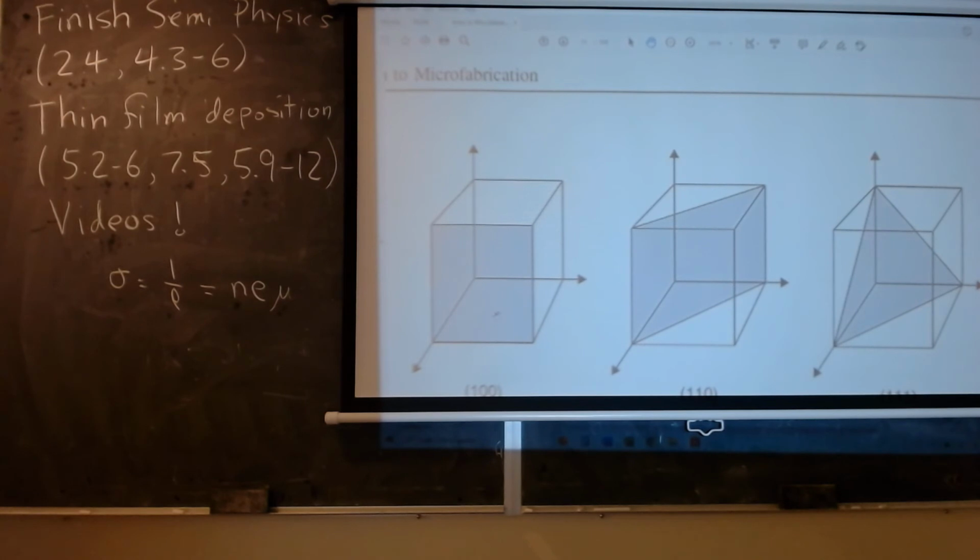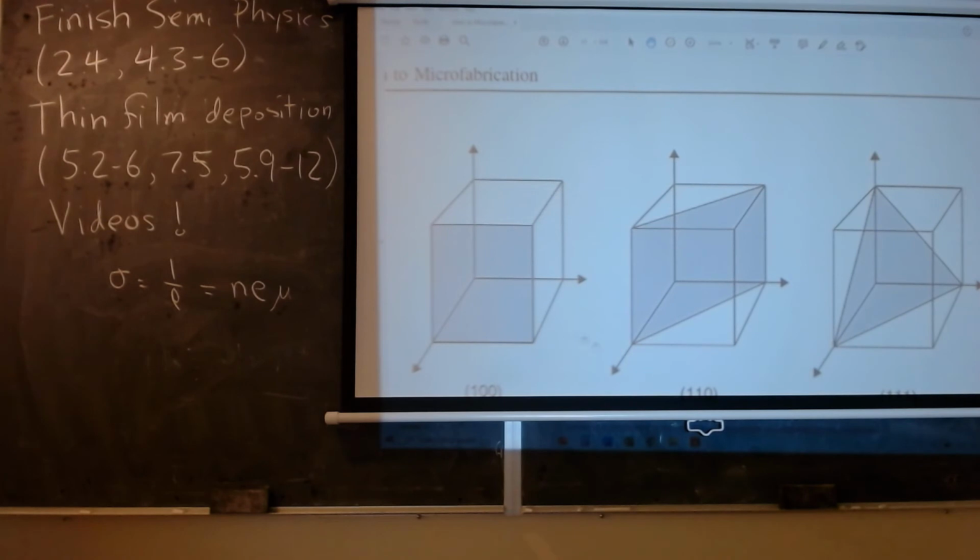The first plane is the plane of the faces themselves, and that's called the 100 surface. The second plane, which is not used very often, is this plane here, which connects 2 sides of the box, and that's called the 110 plane.